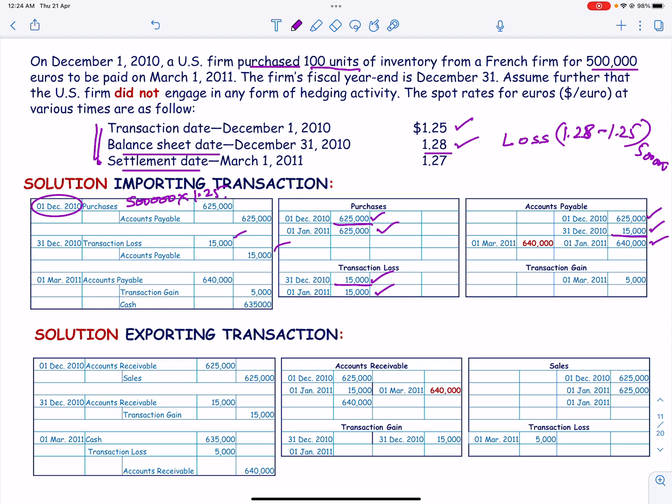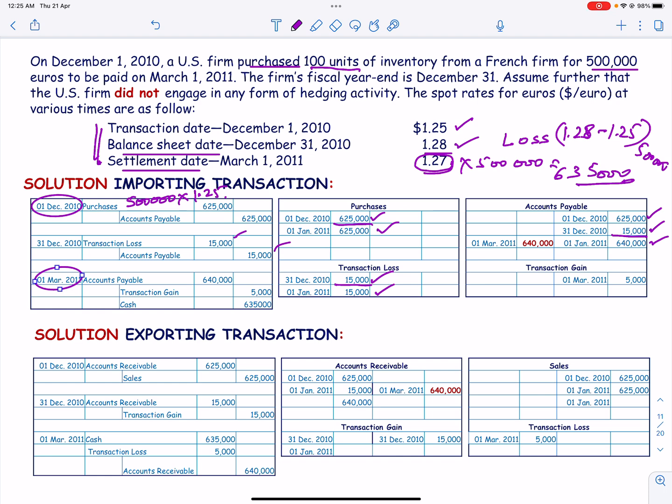With a change in the exchange rate to 1.27, the firm must pay 1.27 times 500,000, which is 635,000, on March 1st, 2011, to acquire 500,000 euros.